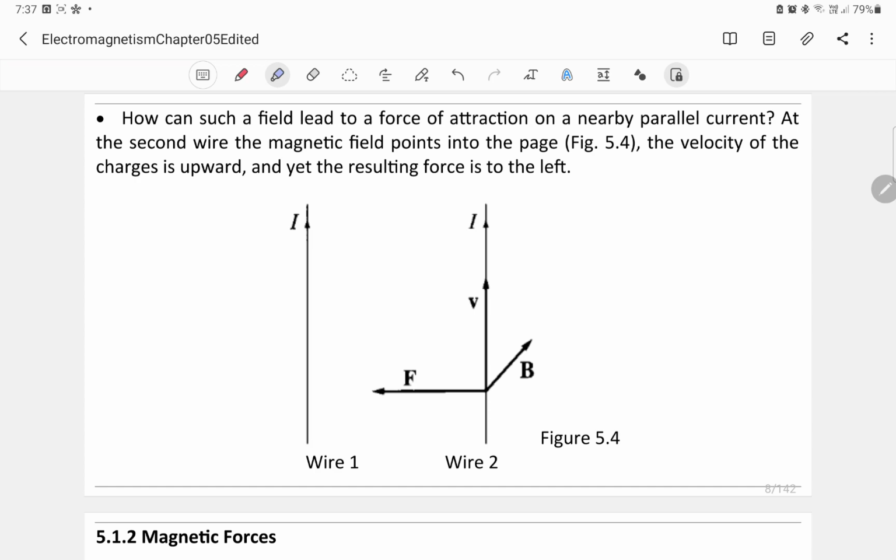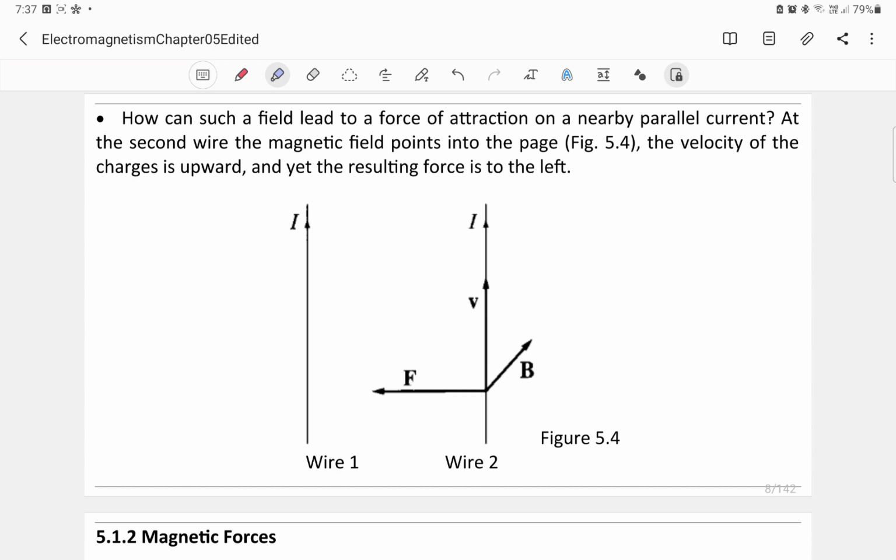So look at this figure, the attraction of a nearby parallel current by the other current. At the second wire, the magnetic field points into the page, for example, and the velocity of the charge is upward. The resulting force is going to be to the left.